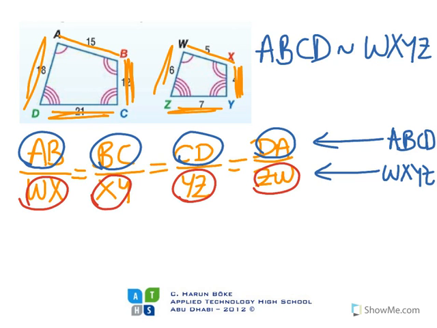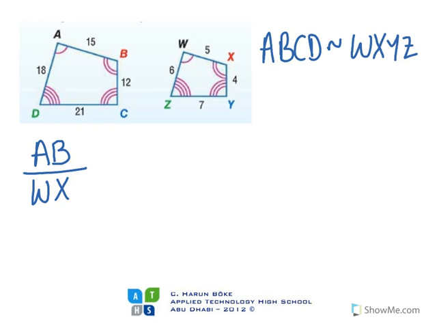Now, here, we can do some calculations as we know the sides. Let's look at this ratio. Now, AB is given to be 15, as you see, and WX is given to be 5.